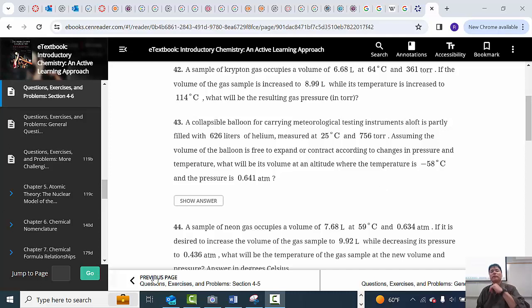A collapsible balloon for carrying meteorological testing instruments aloft is partly filled with 626 liters of helium, measured at 25 degrees C and 756 torr. So let's go ahead and write that down.